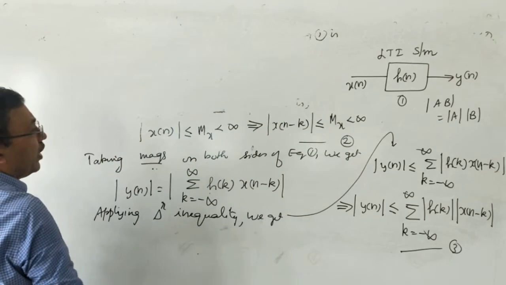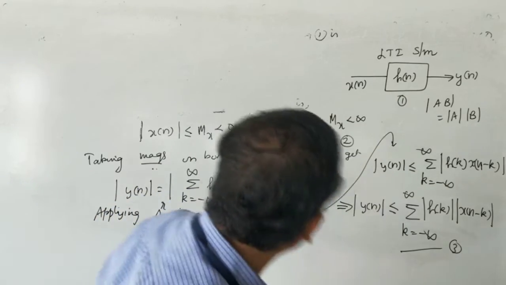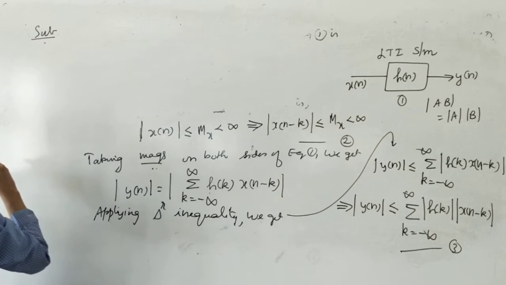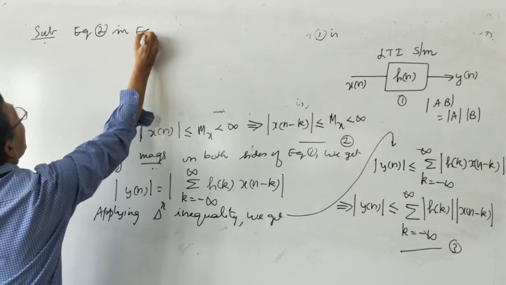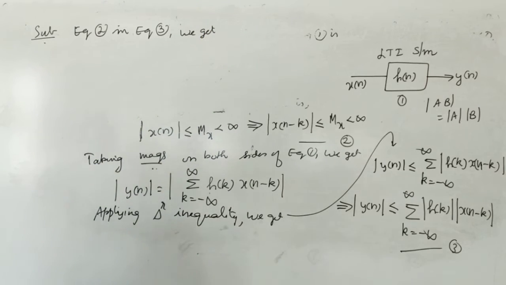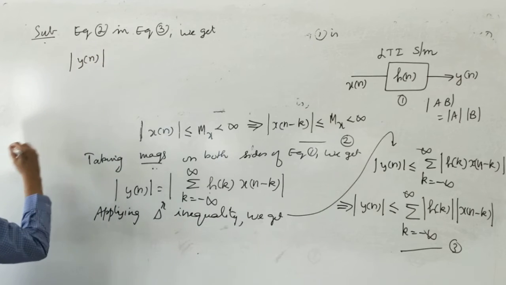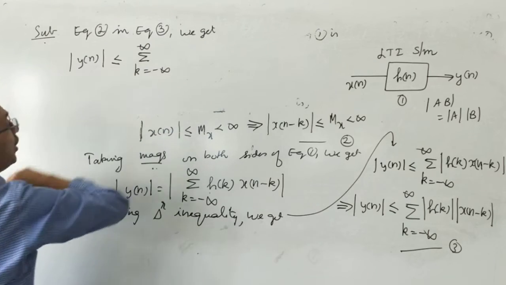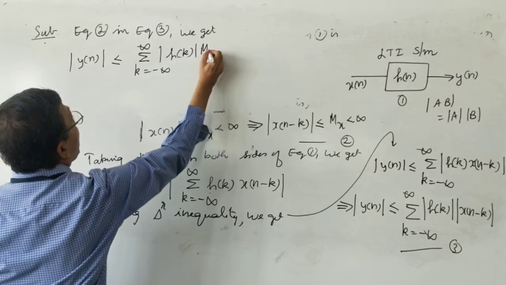Next, what I am going to say is substitute equation 2 in equation 3. Substituting equation 2 in equation 3, we get magnitude of y of n less than or equal to summation k equals minus infinity to plus infinity modulus of h of k into Mx.